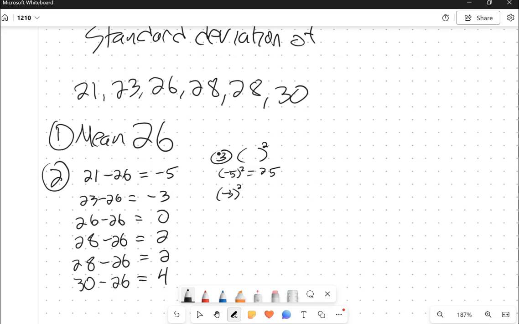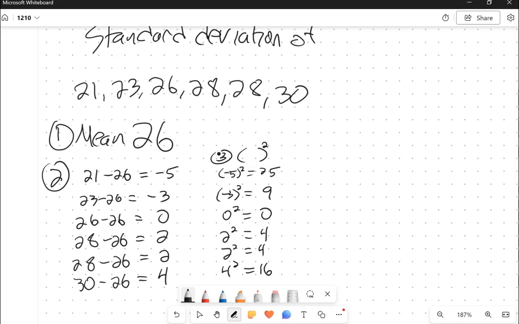Negative 3 squared is positive 9. 0 squared is 0. 2 squared is 4. 2 squared is 4. And 4 squared is 16. The point of this step is to make your numbers positive. Now you can see they also got bigger in general. We will have a square root step as our final step to make them back down to the similar size as the original numbers.